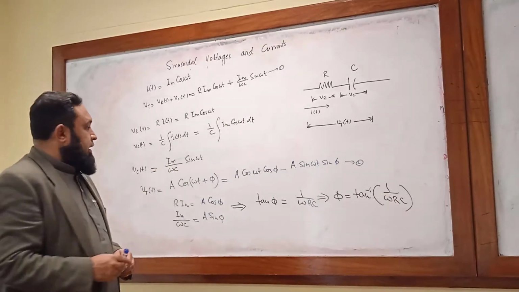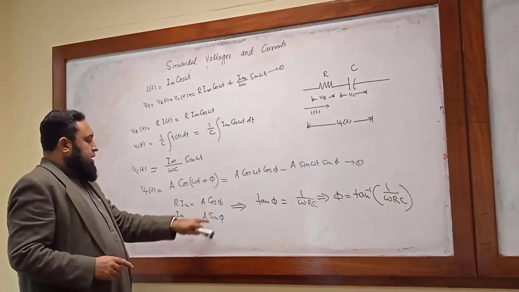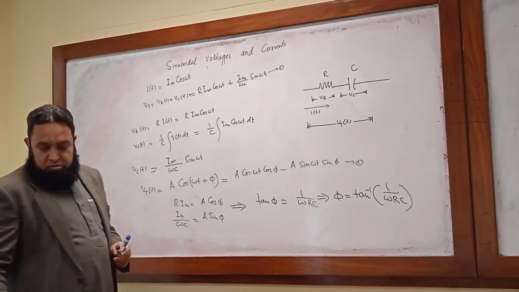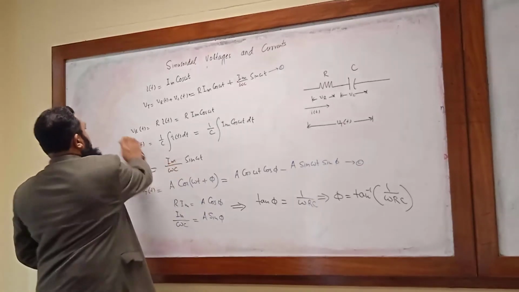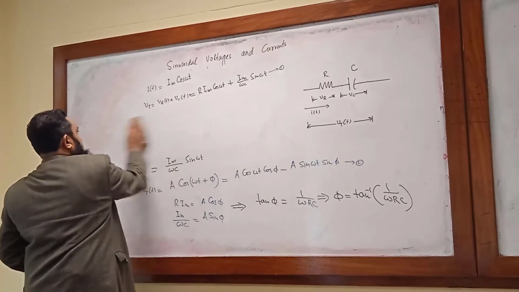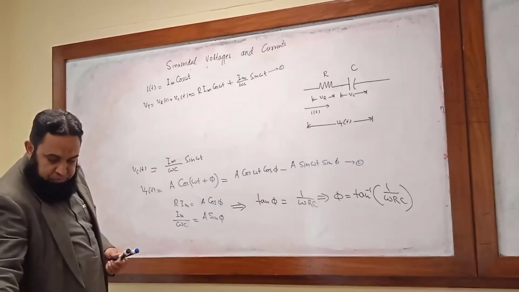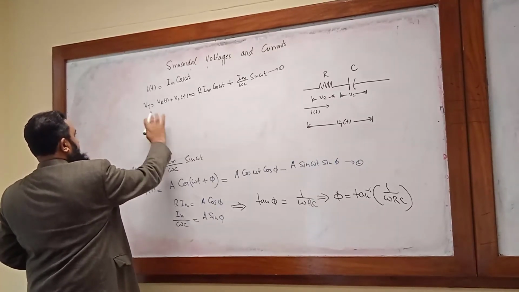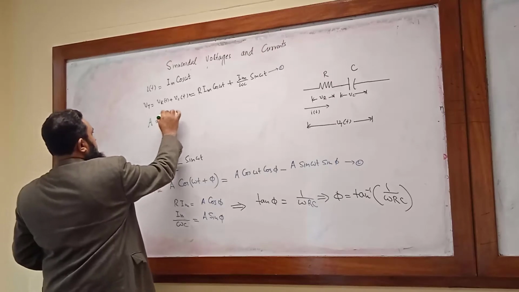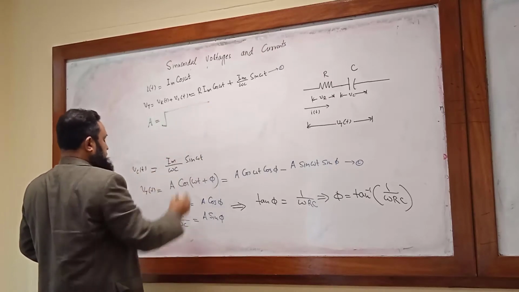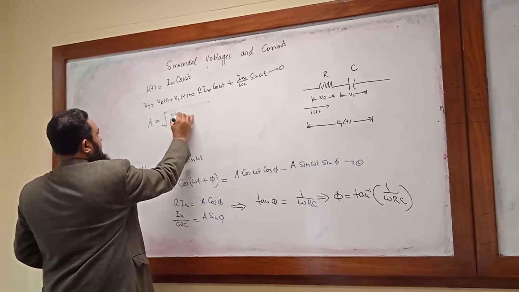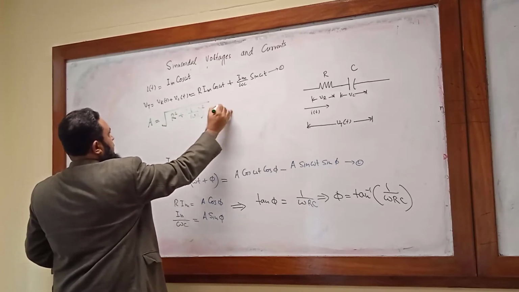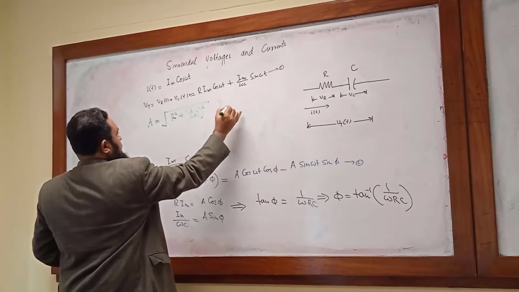Similarly, taking the square of these two terms and adding them, we can have A is equal to, the standard manner, the square root of R squared plus (1 over omega C) squared, times Im.